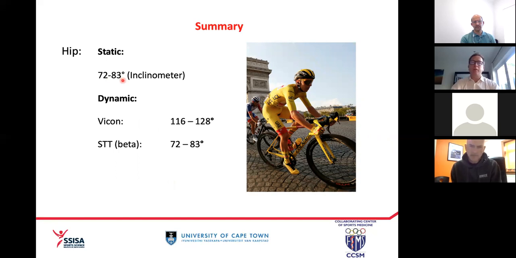And this is for the majority of cycling disciplines. We do see that in the time trial position, this lower range starts to drop to as low as 67 degrees. Once you get below that, you are reaching the limits of hip flexion, and is one of the reasons why many cyclists decompensate in an aggressive time trial position, when you can actually measure that quite readily using static kinematics.